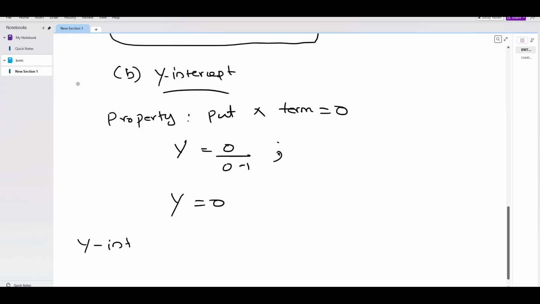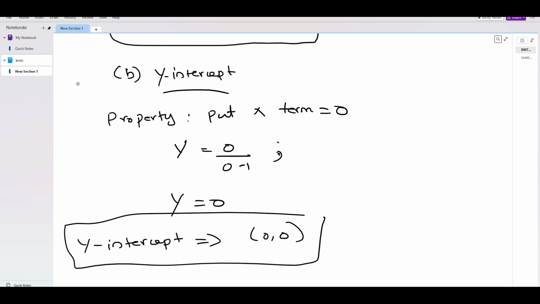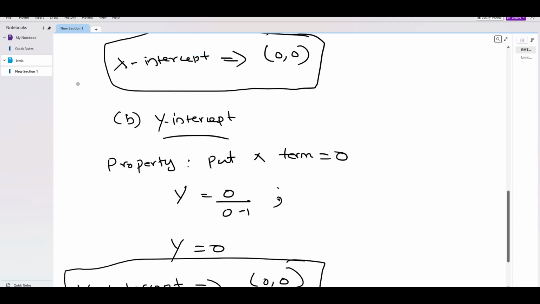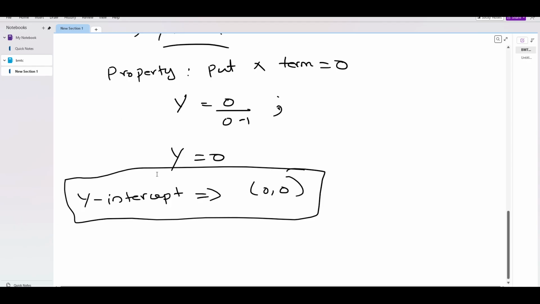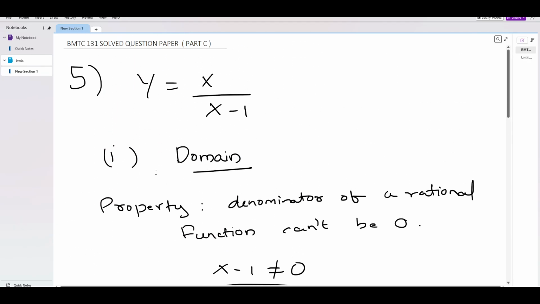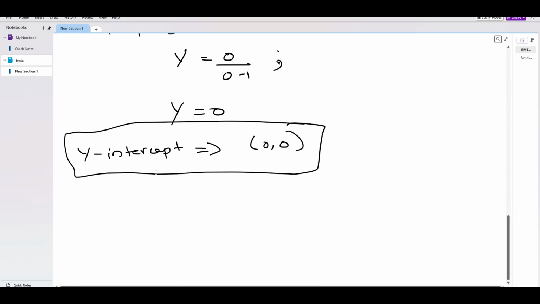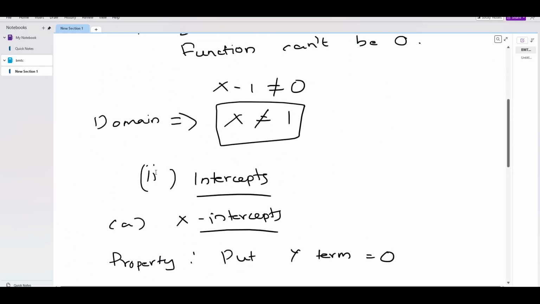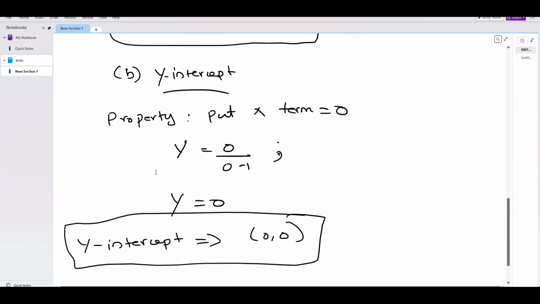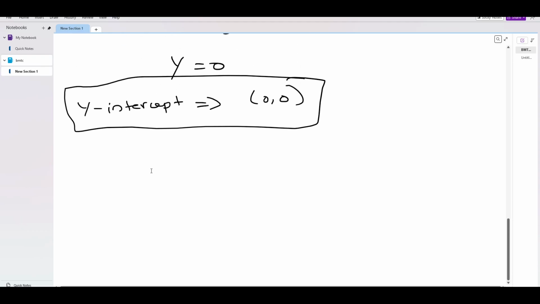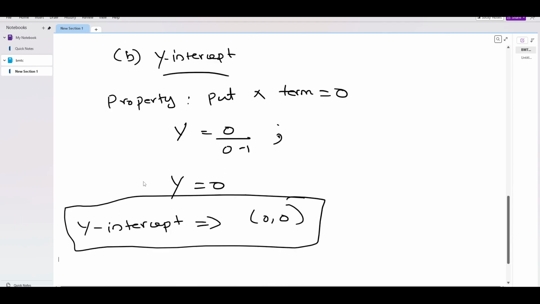Y intercept is 0, 0. This is the answer. So we have found the domain and intercepts. The next thing is symmetry. So that will be the third one.